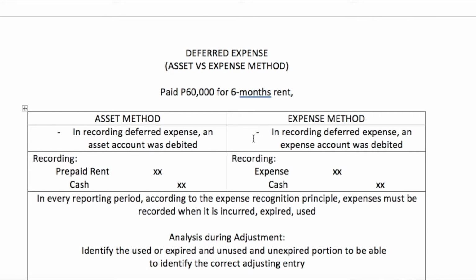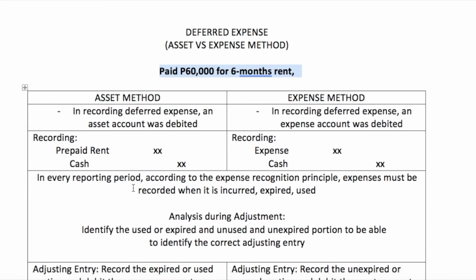So if a company is using the asset method, which is what you're used to, the default way of recording, this would be prepaid rent, debit, 60,000. Then credit cash by 60,000.